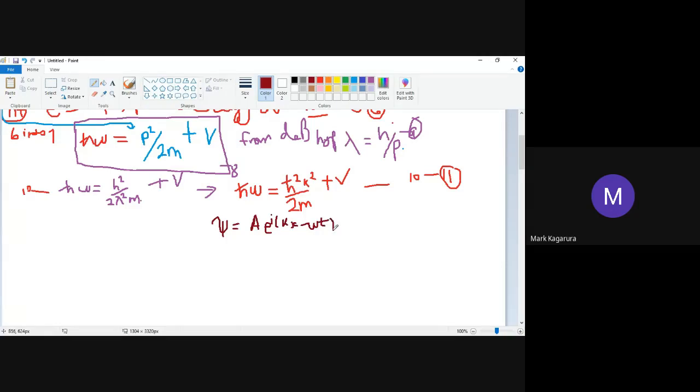So we can say that if we differentiate psi with respect to t, we can get our omega, right? So we can just do that, dψ/dt.